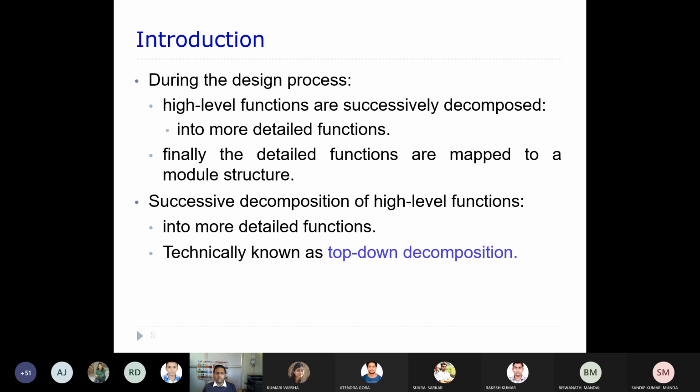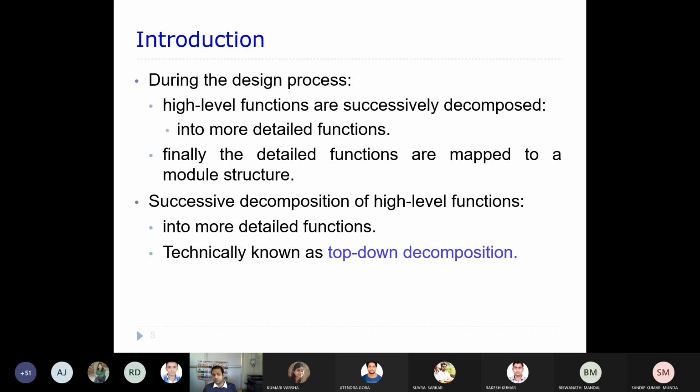And after decomposing all these high level functions into detailed functions, thereafter we try to map these detailed functions to a module structure. That means ultimately we are coming to a module structure, where you will see the different modules of the system.